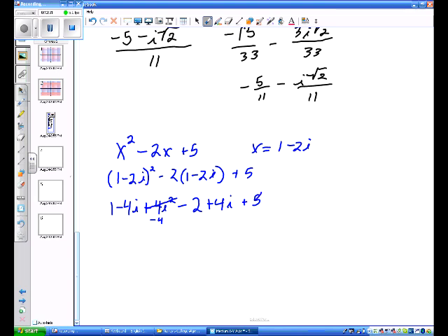So all of our numbers end up canceling out. Then we have a negative 4i plus 4i, which would be 0.